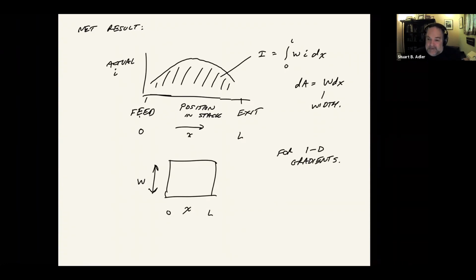It's possible for stacks to have gradients in more than one dimension. For many years, people pursued cross-flow configurations in fuel cells, where fuel goes this way and the air is going this way. That gives you a more complicated two-dimensional current density distribution, which people went to great lengths to model using finite element calculations and all these things to try to nail that down.